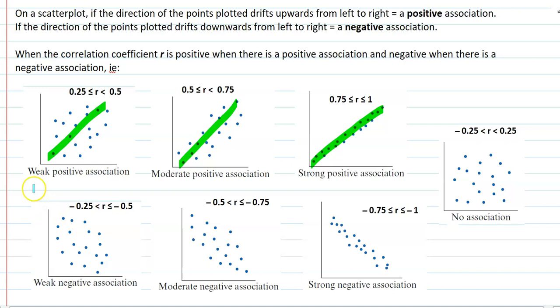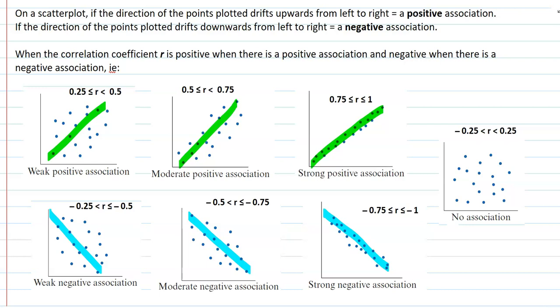If it drifts downwards from left to right, then we say there's a negative association. And you can see again, we can have a weak, a moderate, or a strong. They all have that downward negative trend from left to right.